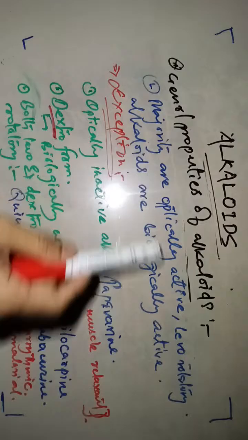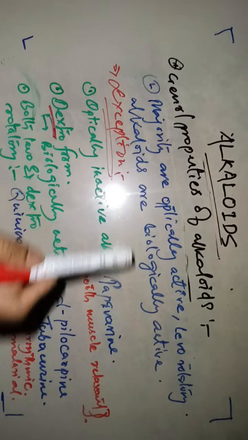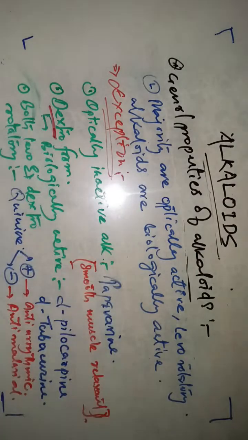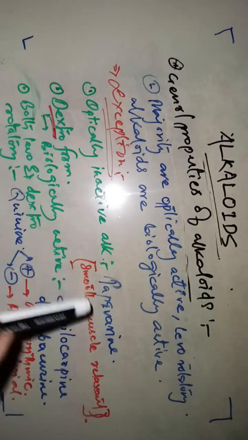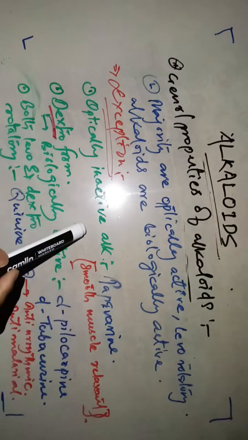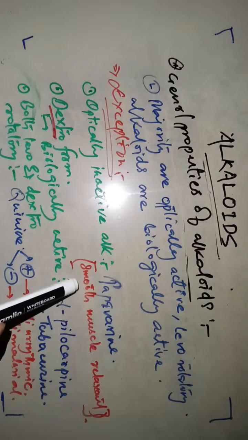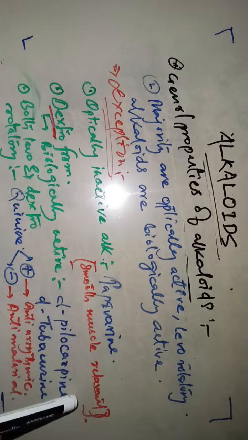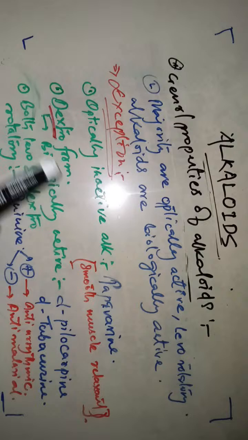The majority are optically active, and levorotatory alkaloids are biologically active. Some exceptions are there. Optically inactive alkaloid is papaverine, which is biologically active and is a smooth muscle relaxant. Next, the dextroform is biologically active. Examples are D-pilocarpine and D-tubocurarine. Next, both dextro and levorotatory are active. Example is quinine. Dextrorotatory quinine is antiarrhythmic, whereas levorotatory quinine is antimalarial.